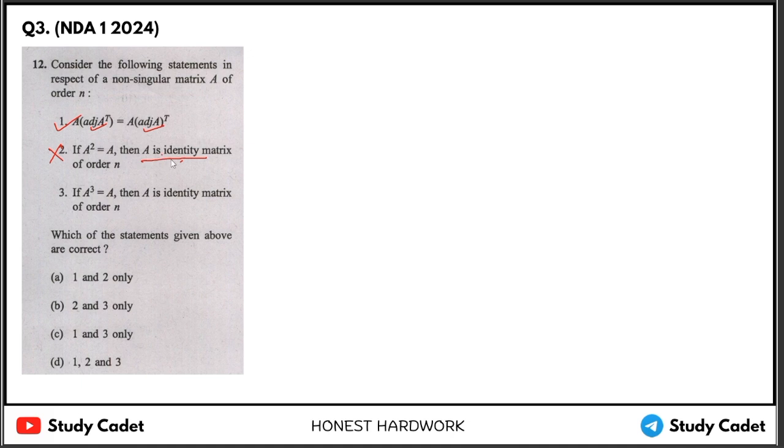It may be a case, but it does not imply this, and in the same way it also does not imply this, A cubed. So one. I think there should be a correction in the options. One only will be the answer.